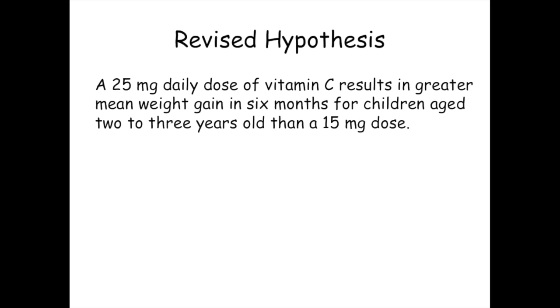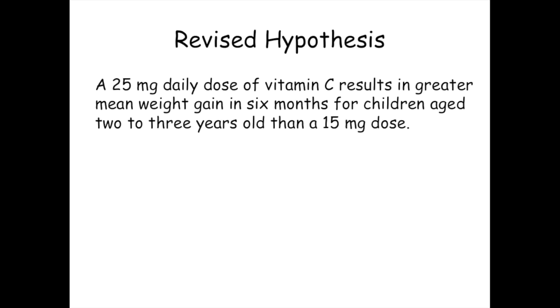Let's suppose that the researcher can accept vitamin C, which is found in a lot of different vegetables, as a stand-in for vegetable eating, and that he is interested in growth and development in young children, aged 2 to 3.